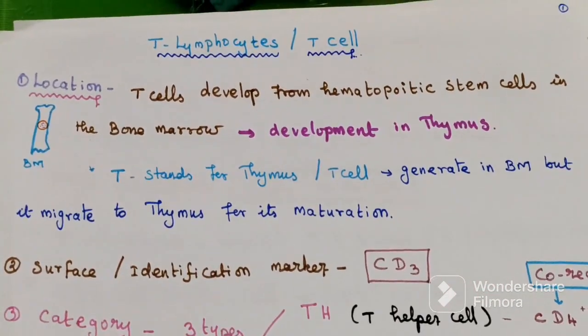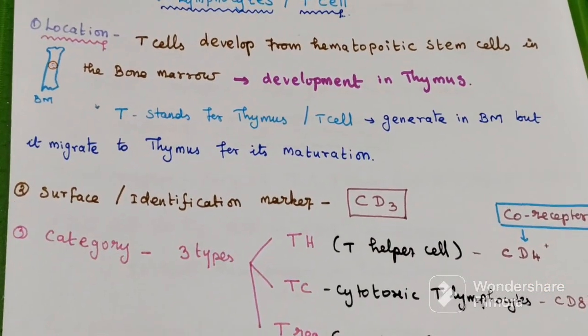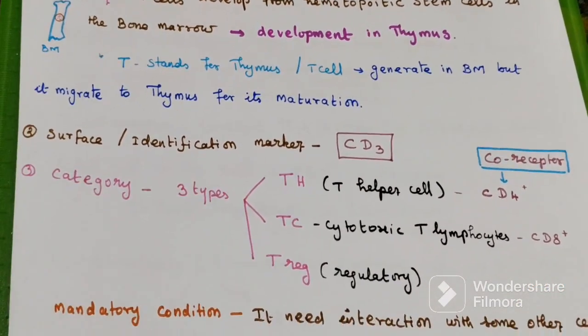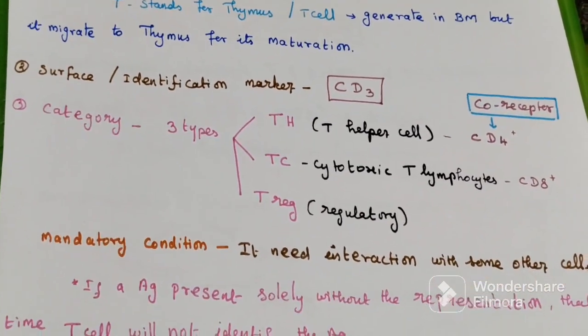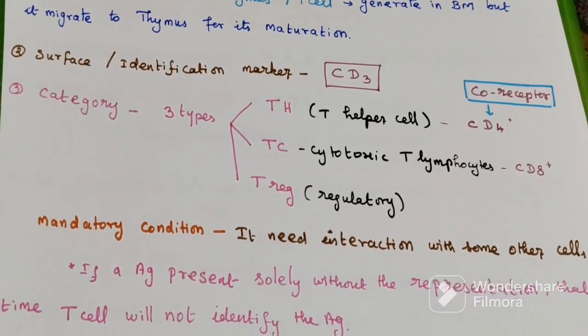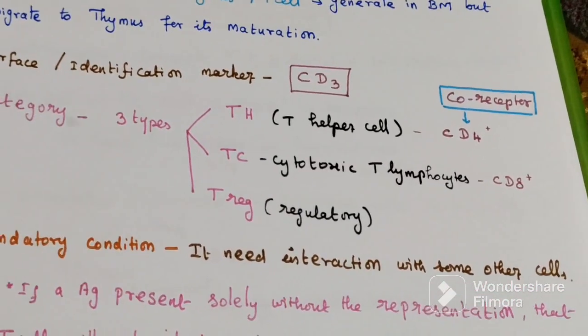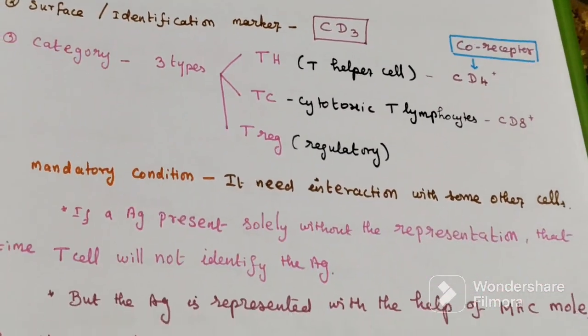To summarize. Locations: hematopoietic stem cells, maturation in the thymus; T stands for thymus. Identification marker CD3. Three categories: T helper, TC cytotoxic and regulatory cells, with co-receptors CD4 plus and CD8 plus.